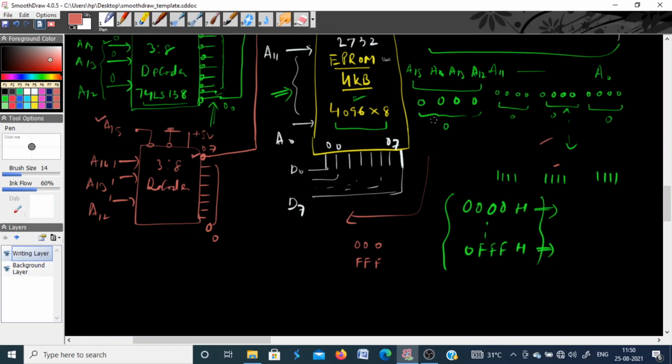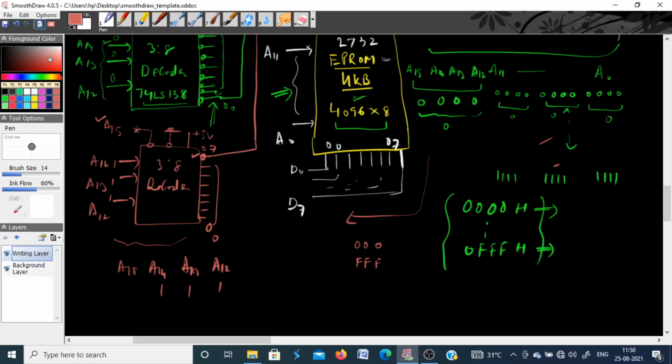But the upper 4-bit address depends upon the decoder connections. In this case I am using O7 to enable this chip, so A12, A13 and A14 all are to be kept at logic 1. A15, 14, 13 and 12: these three have to be fixed at logic 1.